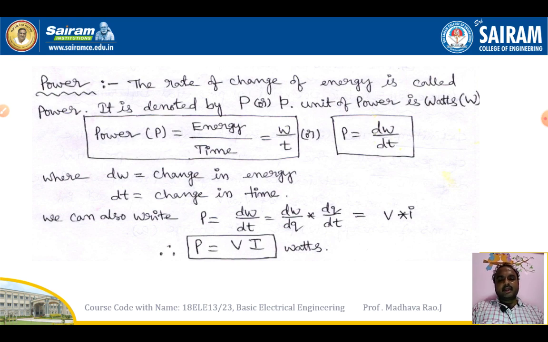We can also write P is equal to dW by dt, that is equal to dW by dQ into dQ by dt, that is equal to V into I. P is equal to VI watts. So power is a product of voltage and current. It is measured in terms of watts, right?